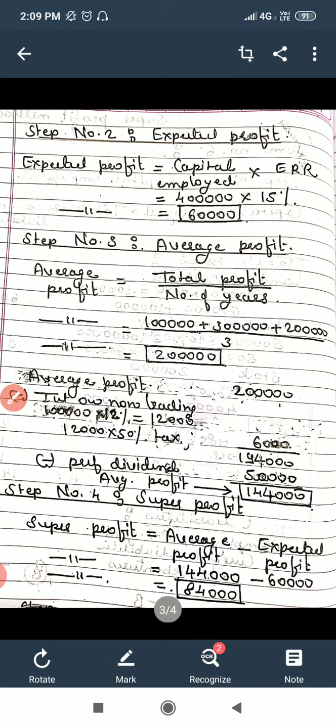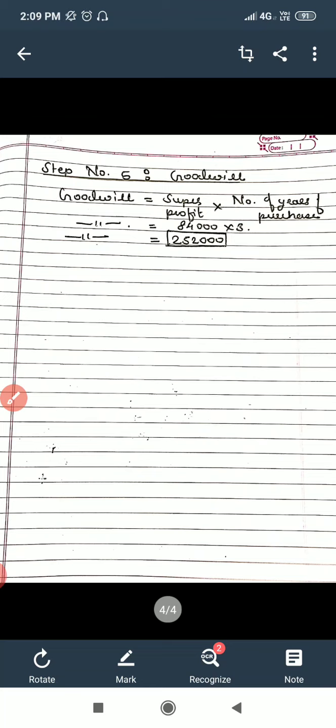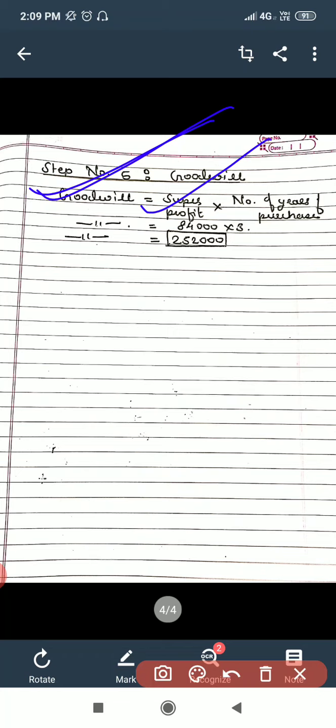Now let us start with our last and the final step, the valuation of goodwill. How will you calculate? Goodwill is equal to super profit into number of years of purchase. Now check out your last paragraph. Calculate the goodwill at 3 times of super profit of the company, you have been provided with the information.